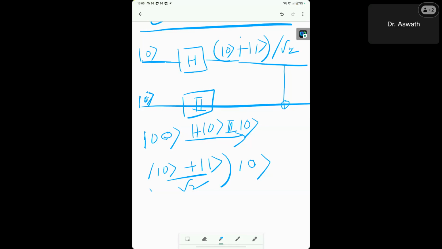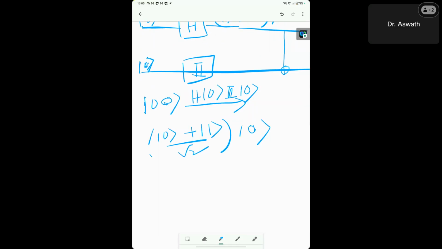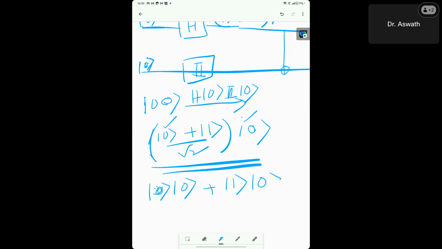Now I have a CNOT gate acting on the superposition state, this combination of gates. So CNOT gate, as we saw, needs one control, one target. Now let's multiply this here itself. You can write this as 0 tensor 0 plus 1 tensor 0, divided by square root of 2.